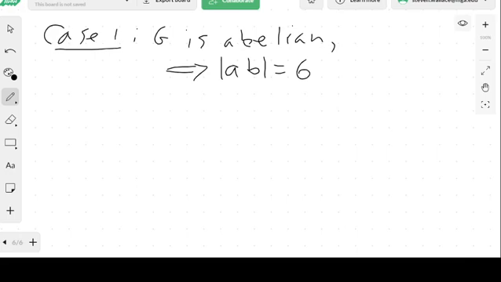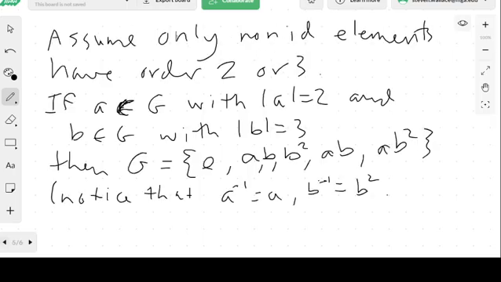I'm just going to leave that to you to show. Remember, abelian means that AB is equal to BA, and we can show that any of the elements listed above can be some power of A times B, because of the way the orders of A and B are.